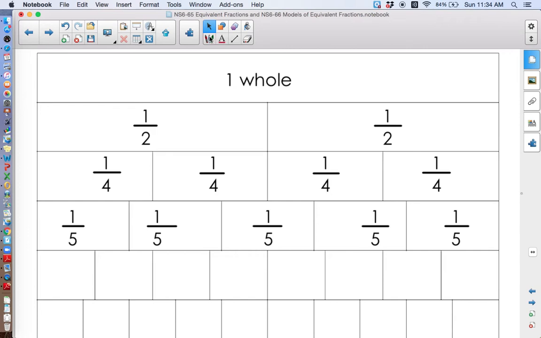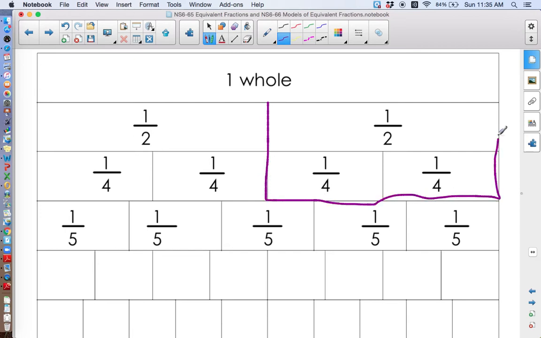Let me grab a tool. Purple. Okay, so if I were to cut, you can clearly see that these are taking up the same amount of space. So I need 2 quarters, I need 1 and 2, to take up the same amount of space as this whole half.